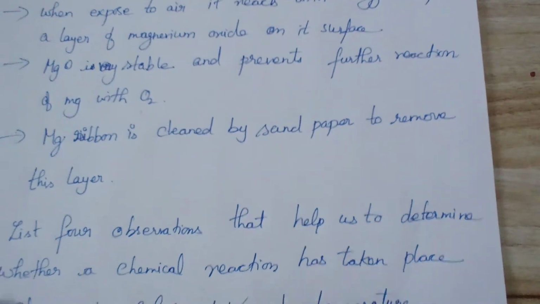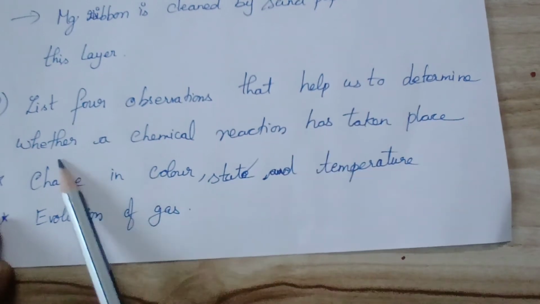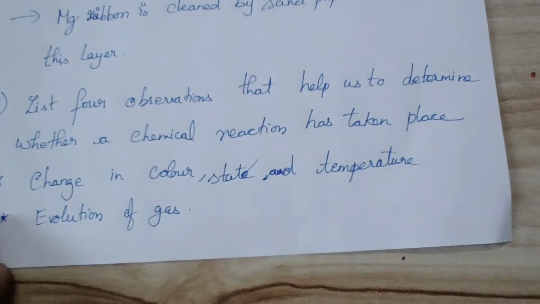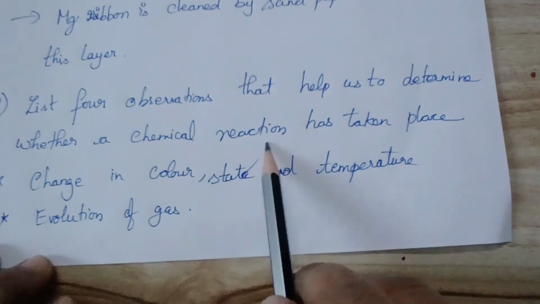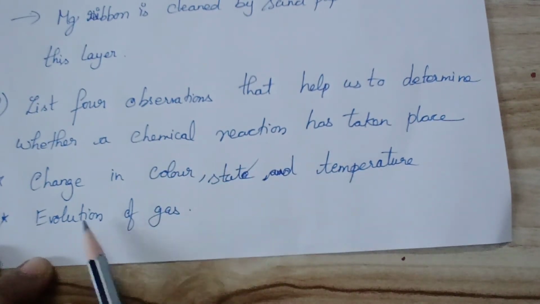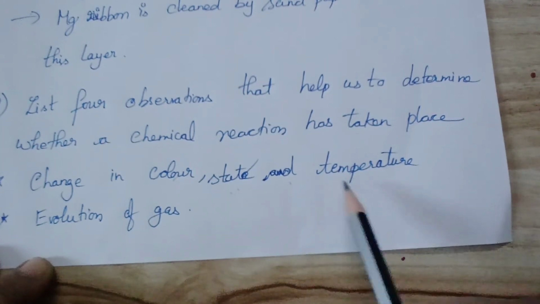Next, list 4 observations that help us to determine whether a chemical reaction has taken place or not. Change in color, change in state, and change in temperature.